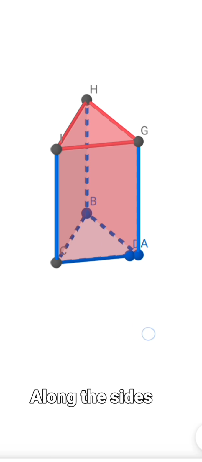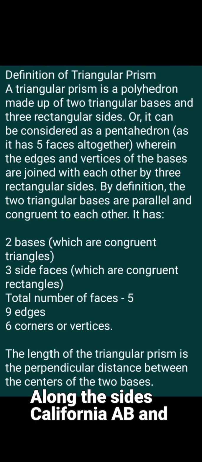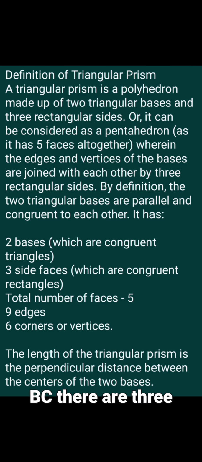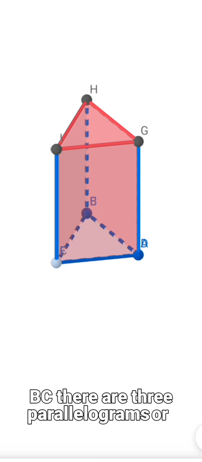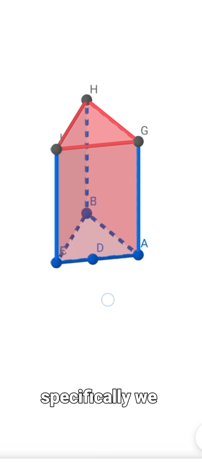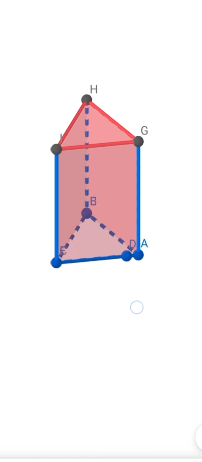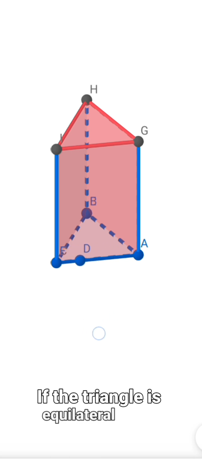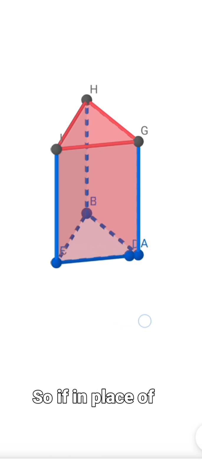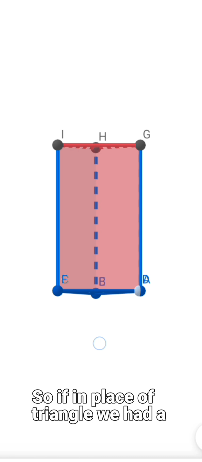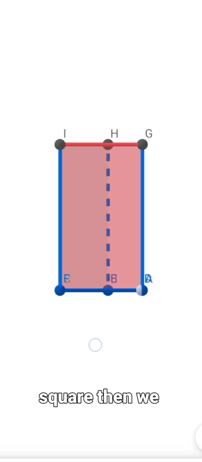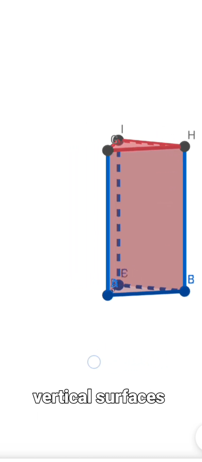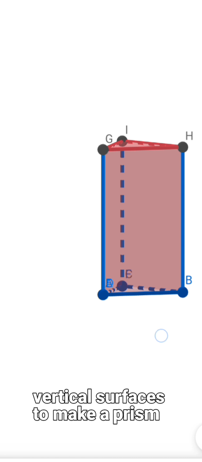Along the sides CA, AB and BC, there are 3 parallelograms, or specifically we can say rectangles, if the triangle is an equilateral triangle. So if in place of a triangle we had a square, then we would need 4 vertical surfaces to make a prism.